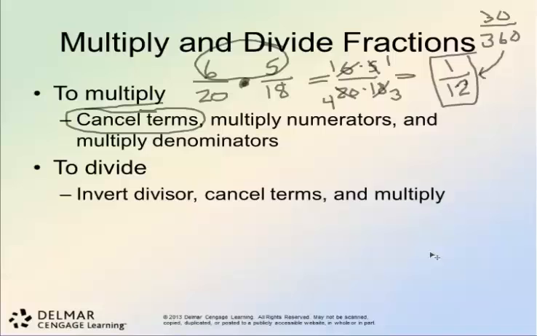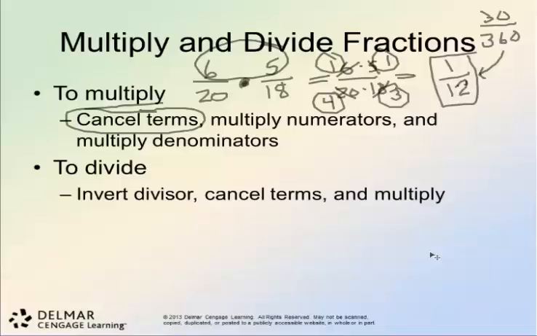So you could either multiply straight across and then reduce a little bit, or you could reduce first by dividing out common factors, and then after you've reduced it, multiply the numerators together and multiply the denominators together. We've already divided earlier on: we left the first fraction as it is, changed the division to a multiplication, and multiplied by the reciprocal of the second fraction.